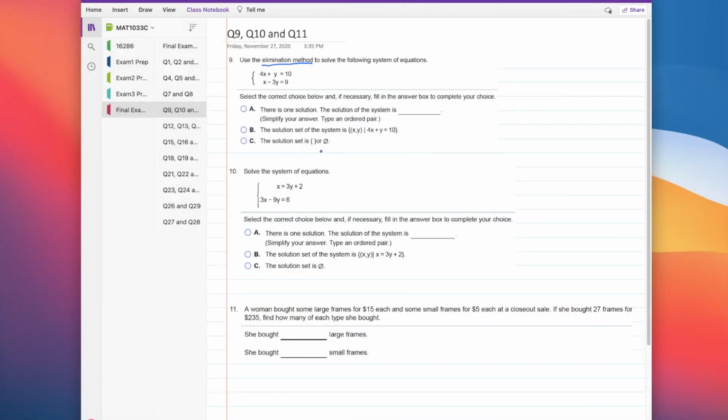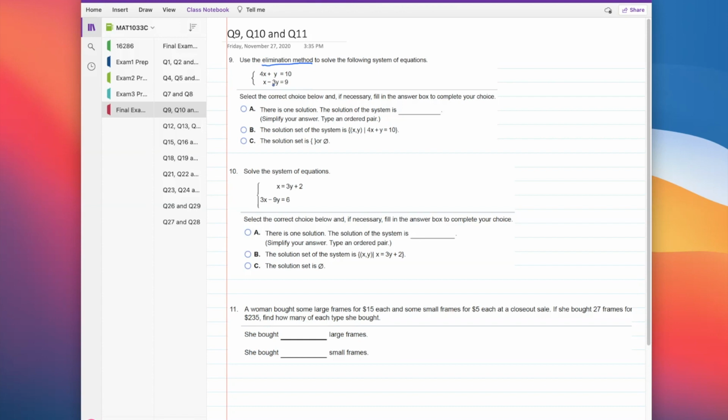Questions 9, 10, and 11 assess the topics for Module 2, that is about systems of equations. On question number 9, they ask you to solve the system of equations by using the elimination method. The elimination method wants you to make one of those variables disappear and solve for the other one.